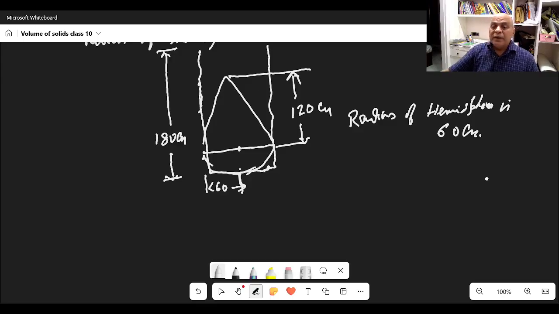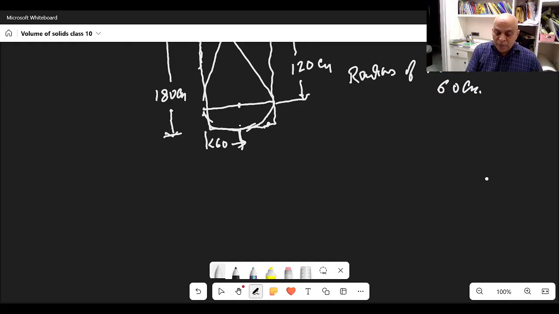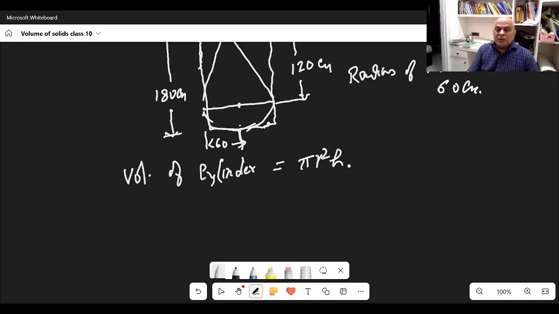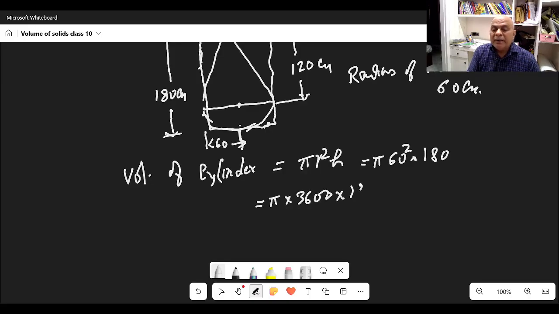What is the volume of the cylinder? We know volume of cylinder is pi r square h. So here r is 60, means 60 square into 180. 60 square is 3600, into 180.